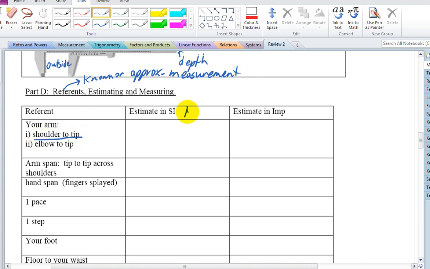What is that in metric? Well, it's approximately 1 meter. In imperial, that's approximately 1 yard. What about your elbow to your tip? Well, that's approximately 30 centimeters, approximately 1 foot. Approximately.